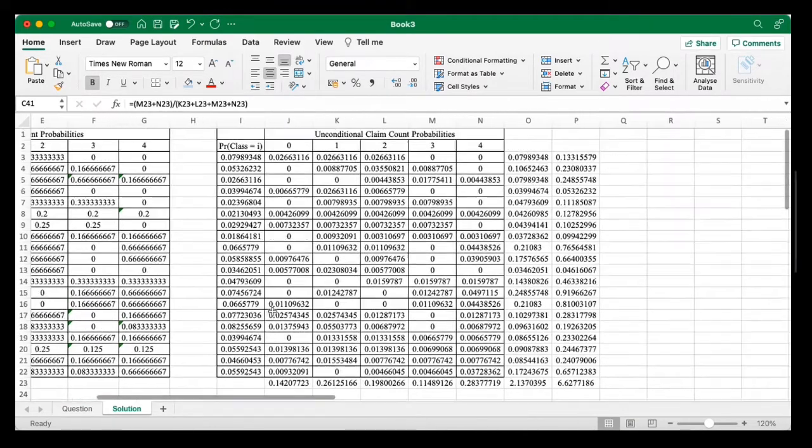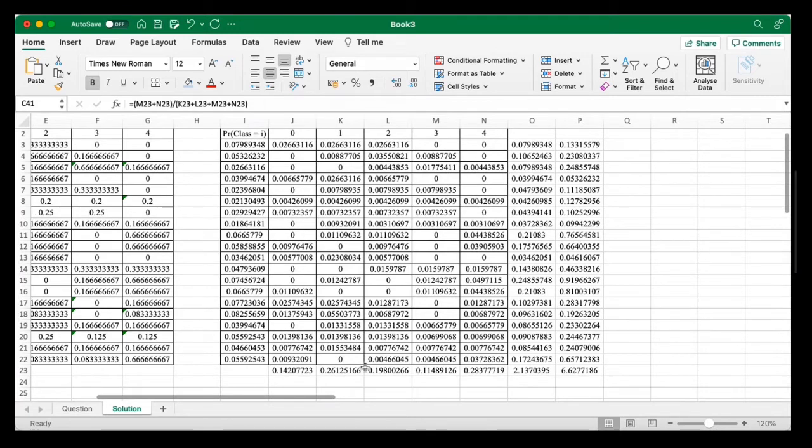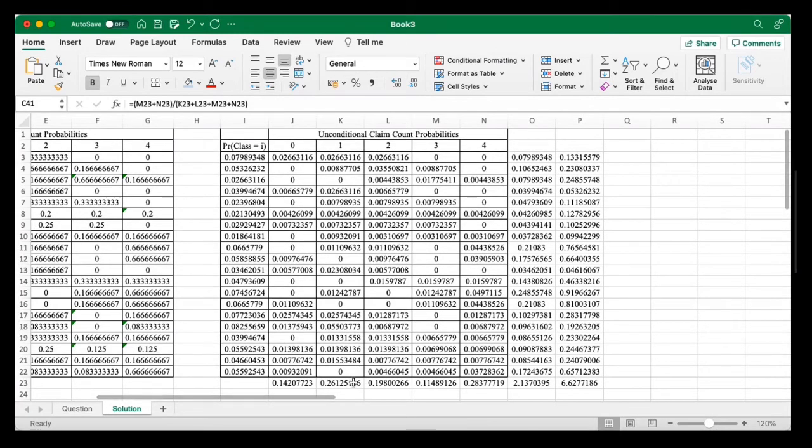denominator, the probability of claim count greater than 0, is the addition of the total probability of claim counts 1, 2, 3, and 4, which are calculated here, where in each column we have added up the total probabilities for each claim count.